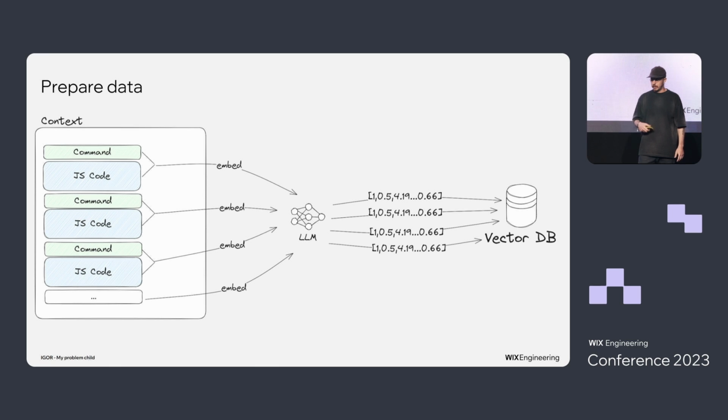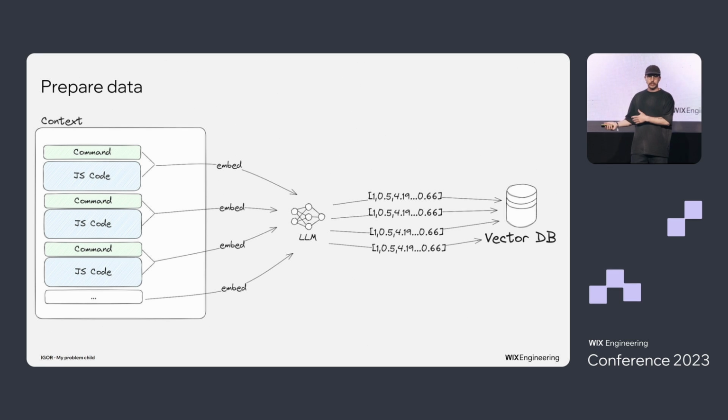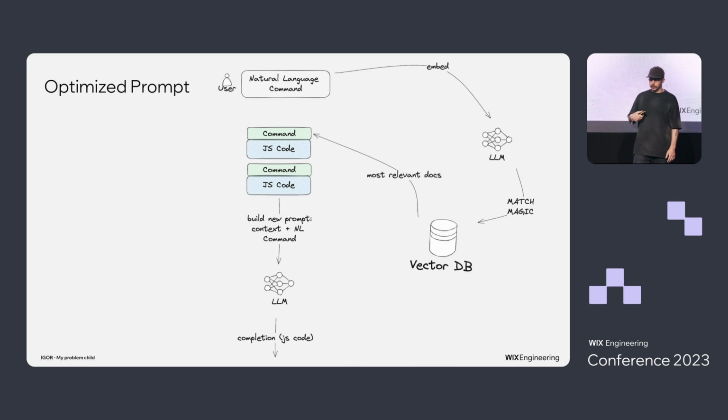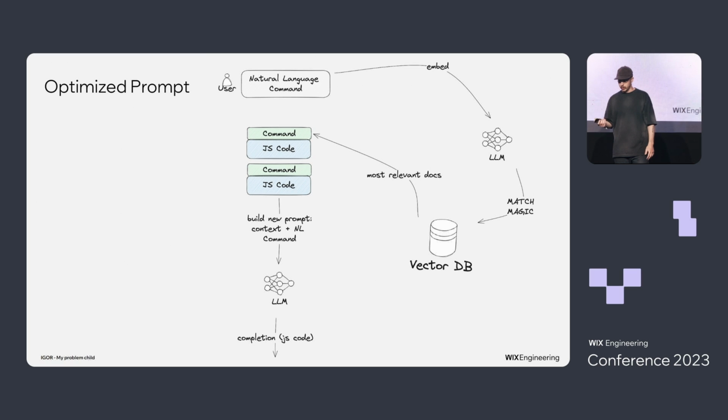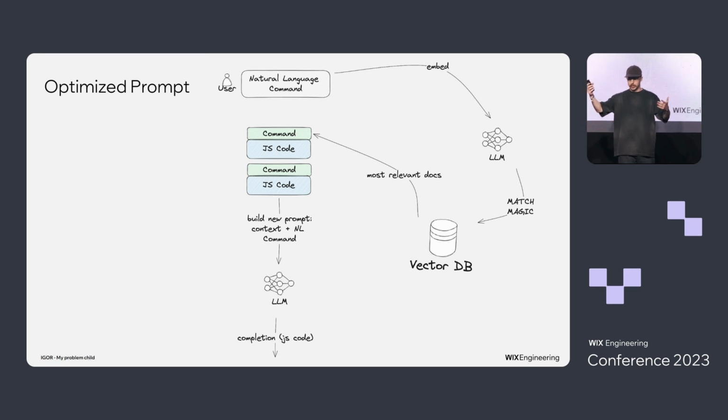And what is this embedding-based search method? First you prepare your data. You take all those command and code examples, which are basically text, and you convert them into embeddings one by one. And then you store these embeddings in a database along with the original text. Then when the user gives you some command or query, you convert that into an embedding, and then the magic happens.